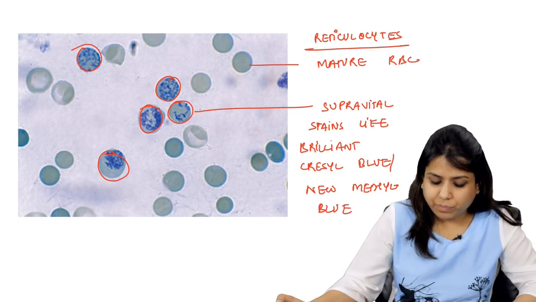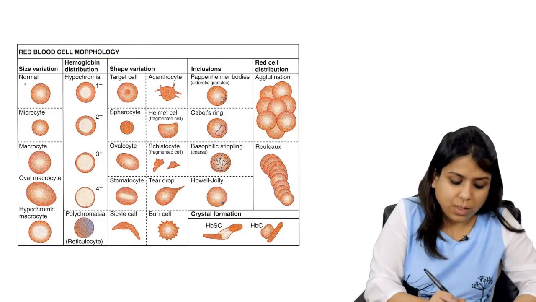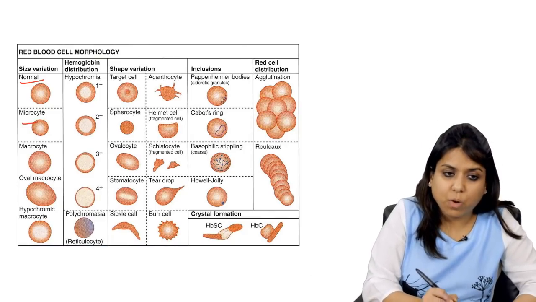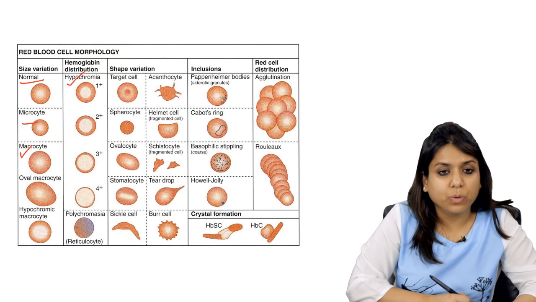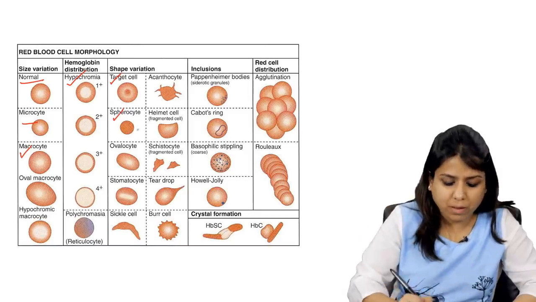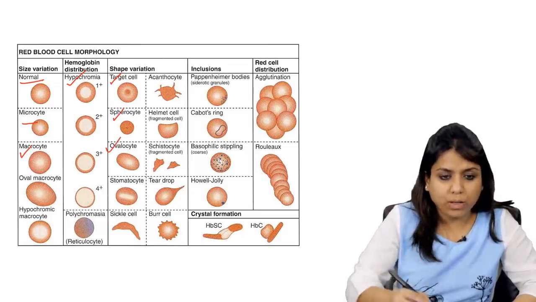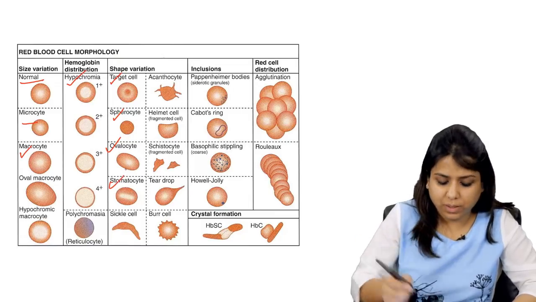Clear? This image shows all the different types of RBC, students. This is a normal cell, a smaller RBC, larger RBCs. How do we grade hypochromia? A target cell. Spherocyte is smaller with no central pallor. Ovalocyte is oval. Stomatocyte has an elliptical space in between.